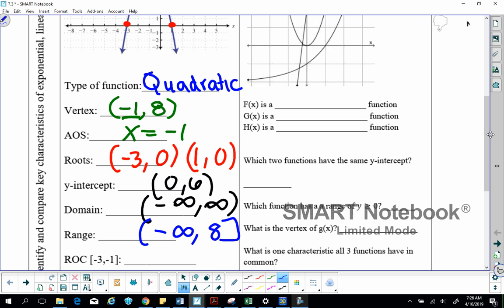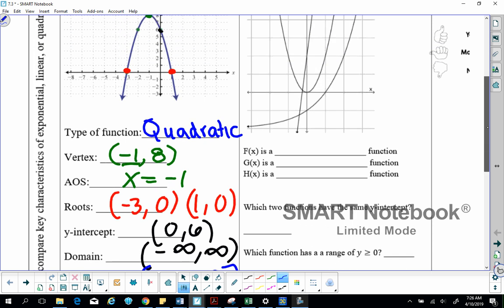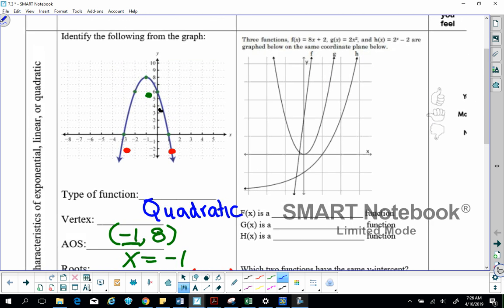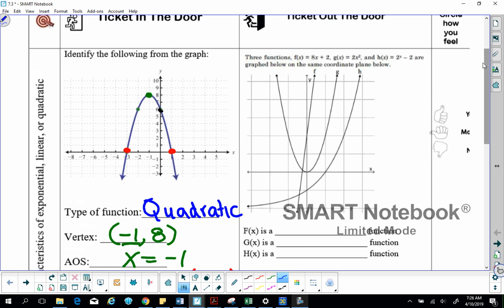Cool. Rate of change between -3 and -1. So this is all part of our lesson. So make sure you're paying attention, because basically that's not much of a lesson. It's more of just practicing this ticket in the door. So rate of change. Victor, what are the 2 points that I'm looking for?